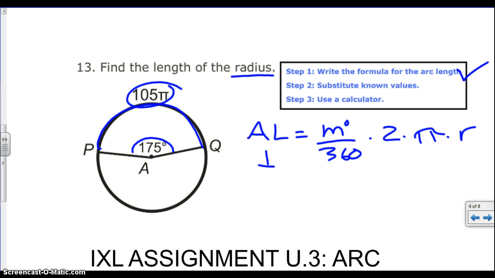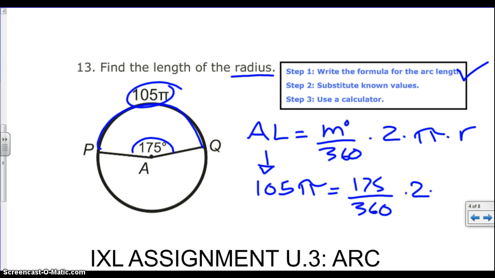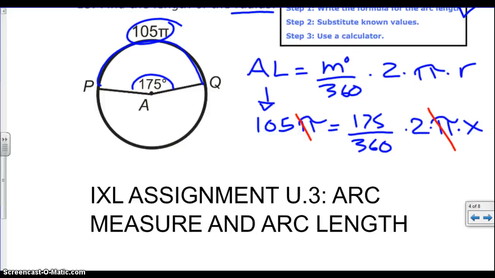So for AL, we plug in 105 pi. The measure of the angle is 175 over 360 times 2 pi, and the r we don't know, so we leave it as r, or we can call it x. From there, you could still cancel pi's on each side, and then you would just move things over and get x by itself. So here's your IXL, and that is how you find the measure of arc lengths.